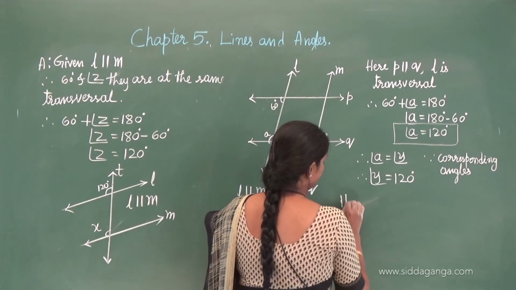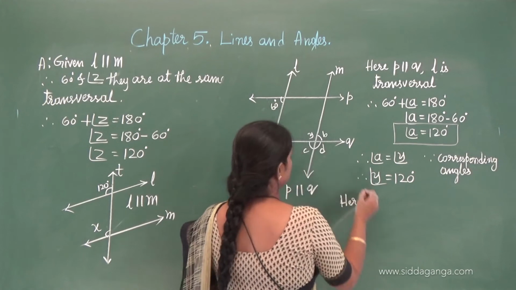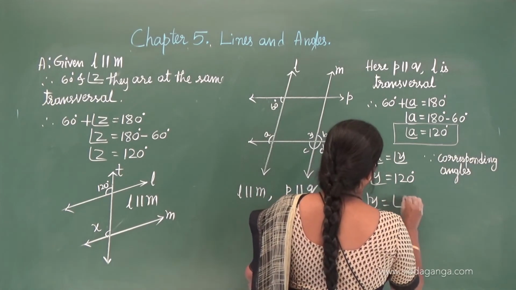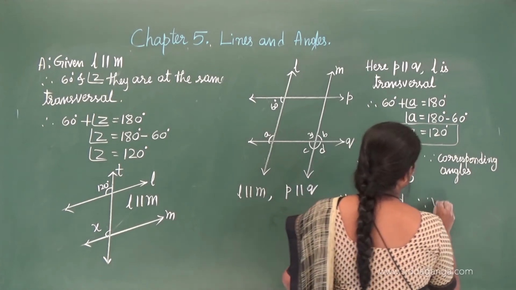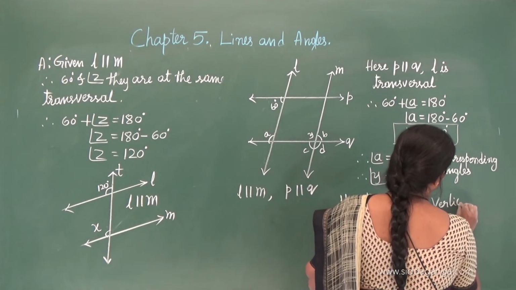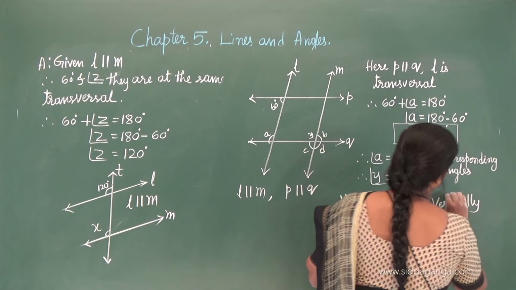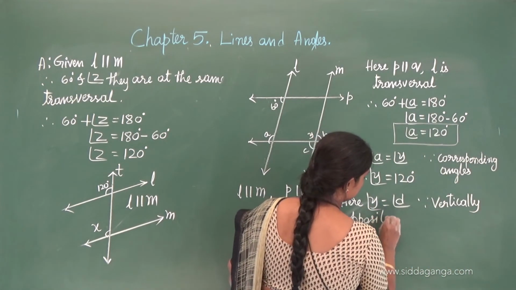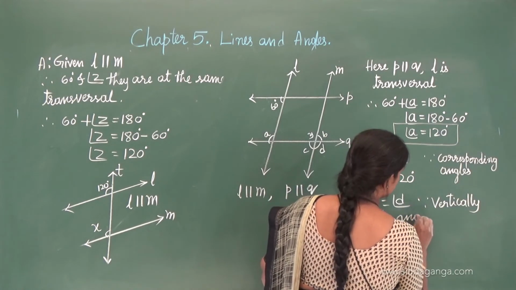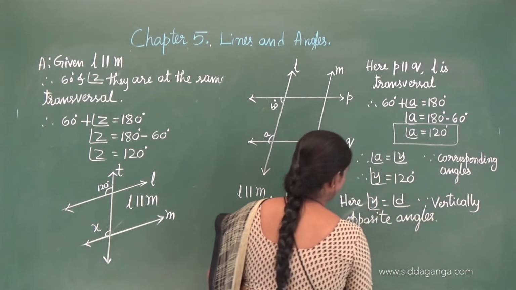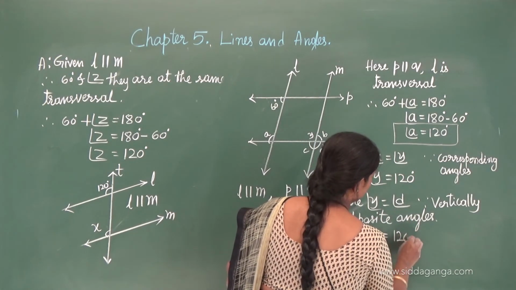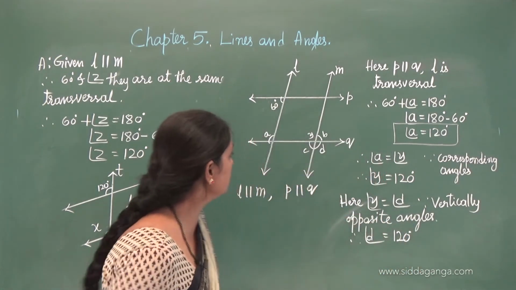Here angle Y is equal to angle D since vertically opposite angles. Okay, so therefore angle D is equal to 120 degree.